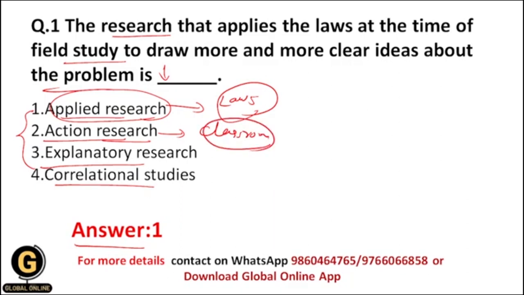Explanatory research, as the name suggests, explains the relationship between the variables. Correlational studies establish the correlation between the variables. That's why the correct answer for this question is 1.